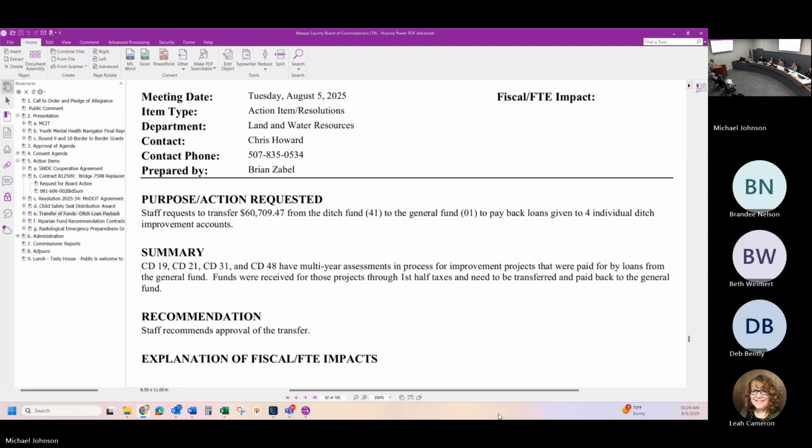Good. Got a motion to so move by Carlson. Okay. I'll second. Moved and seconded to allow the transfer of these dollars from the ditch fund 41 to general fund.